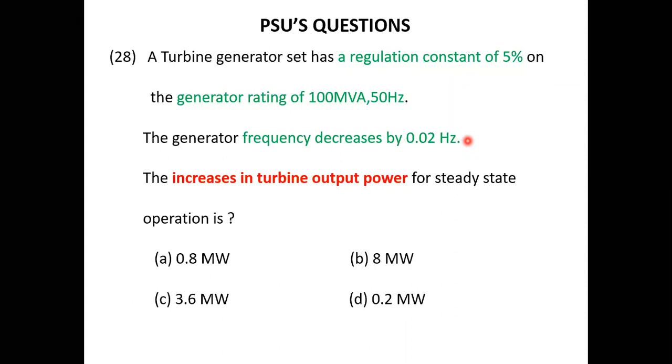So when the frequency decreases by 0.02, how much power is increased on the turbine side? We need to find that out, whether it may be 0.8 megawatts, or 8 megawatts, or 3.6, or 0.2 megawatts. Understood everybody? Now let me take the same problem in a diagrammatic way.